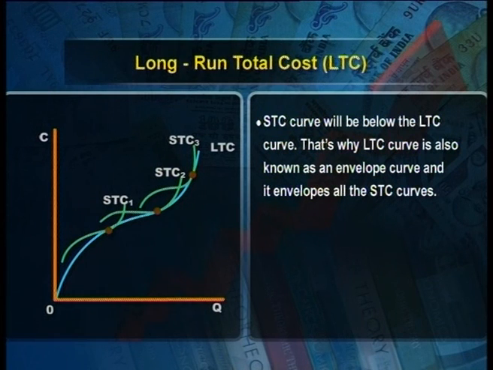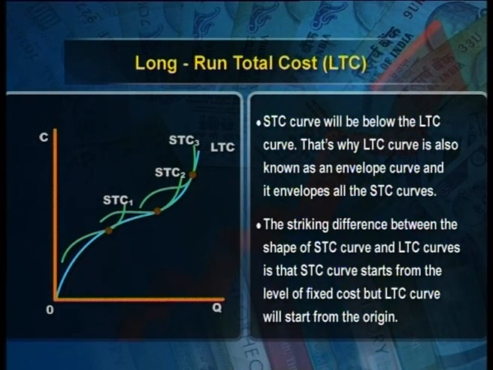That's why long-run total cost curve is also known as an envelope curve, and it envelopes all the short-run total cost curves. The striking difference between the shape of the short-run total cost curves and long-run total cost curves is that short-run total cost curve starts from the level of fixed costs, but the long-run total cost curve will start from the origin. Can you understand why it is like that?